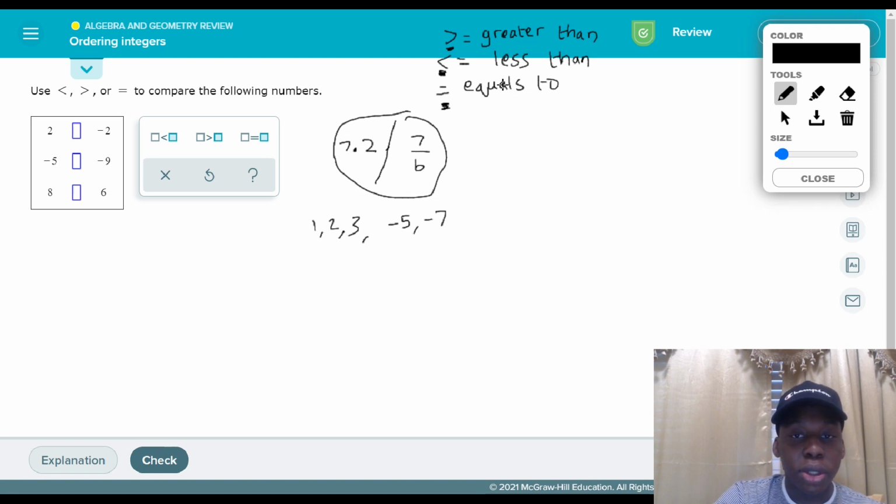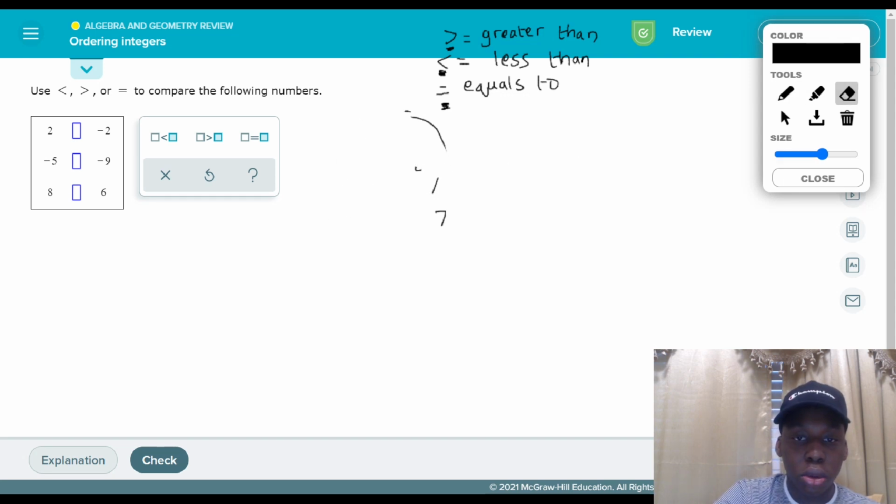So based on our observation of these integer numbers, we'll determine whether one number is greater than, less than, or equal to the other. So let's get to it.